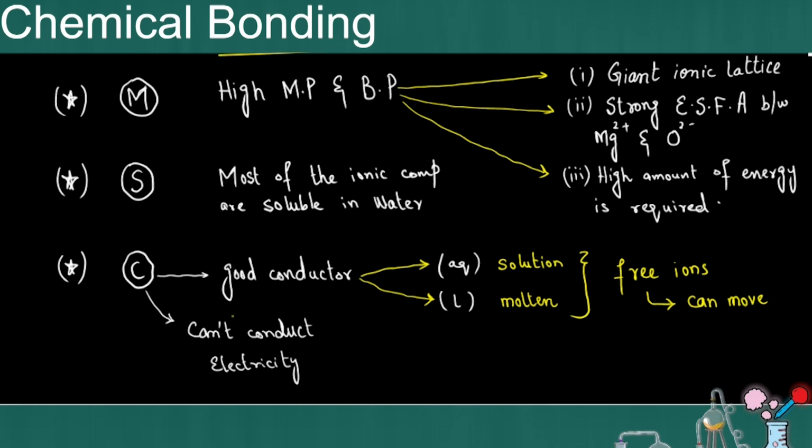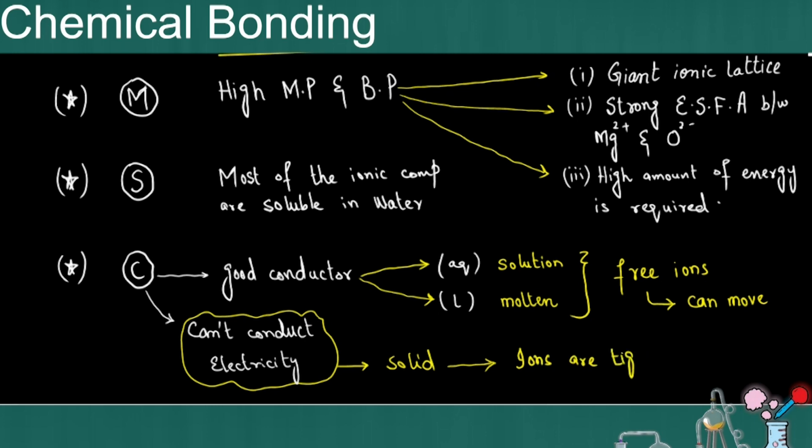When they exist in the solid state. और यही questions पूछे जाते हैं बेटा कि क्यों solid state में ionic compounds conduct नहीं कर सकते electricity. Remember this point, because ions are not free, ions are tightly packed, so that is the reason that they cannot move. So हम क्या point लिखेंगे? Ions are tightly packed in its lattice.